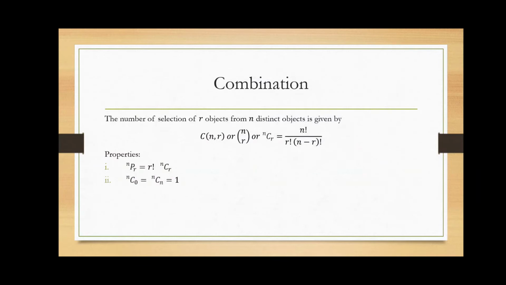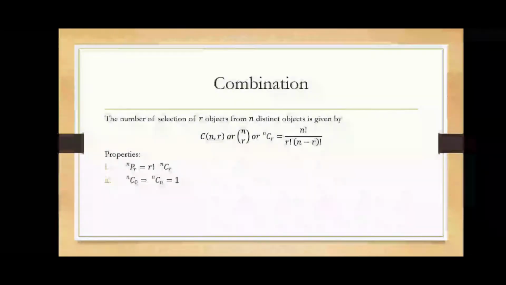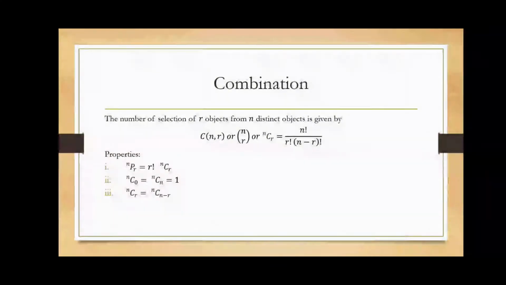Next, nC0 equals nCn, that equals 1. Again, put the value of 0 or n in place of r and calculate, you will get the answer. Then nCr equals nC(n minus r). Very evident: in place of r, if you put n minus r, you get back the same thing.